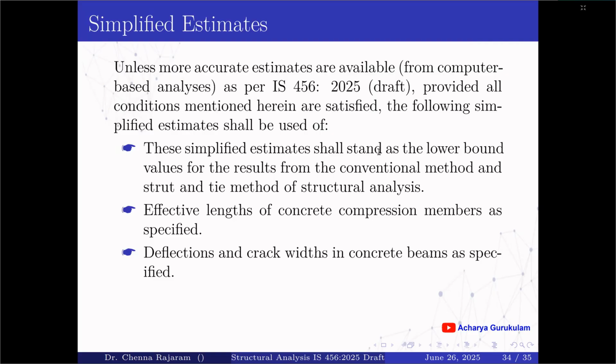These simplified estimates shall stand as the lower bound values for the results from the conventional method and strut and tie method of the structural analysis. Second, the effective length of the concrete compression members as specified. Third, the deflection and crack widths in concrete beams as specified.